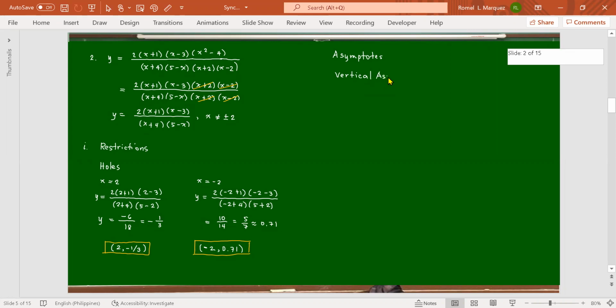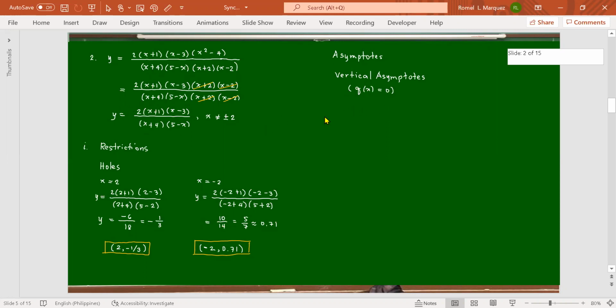For vertical asymptotes, we equate the denominator to 0. And that's the shortcut, no? I explained to you how we get asymptotes: we let y get bigger and bigger, positively, negatively. So the numerator, that is our P, and the denominator equated to 0.